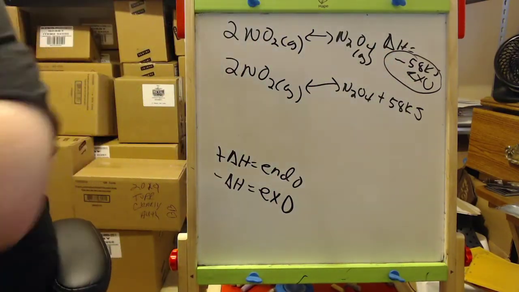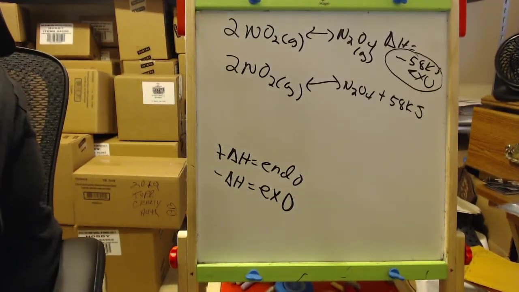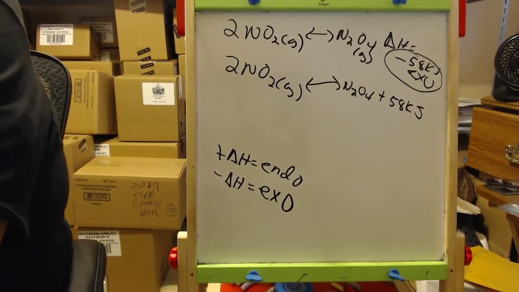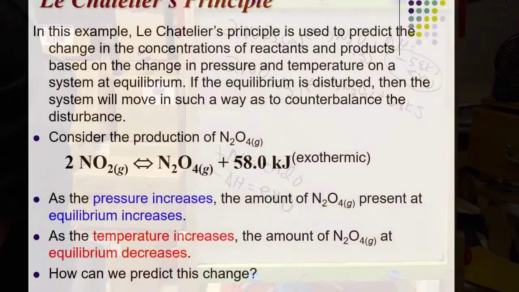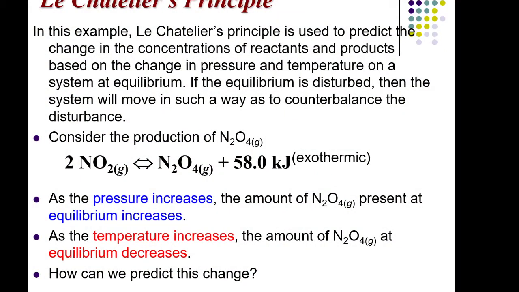That's going to help you with Le Chatelier's principle. If we go back to the PowerPoint, it says, given this information, as the pressure increases, the amount of N2O4 present at equilibrium increases. And as the temperature increases, the amount of N2O4 at equilibrium decreases. The question is, how could we determine this by just looking at this equation?